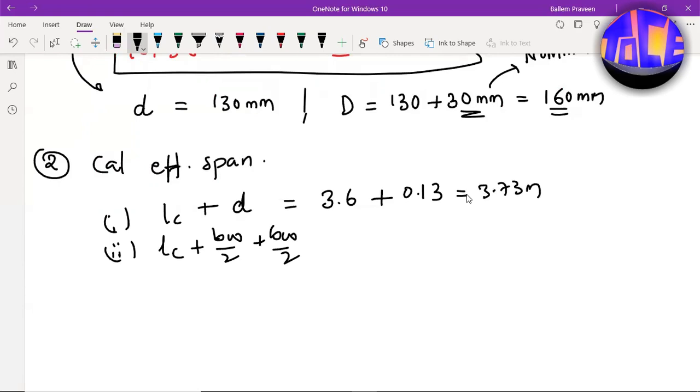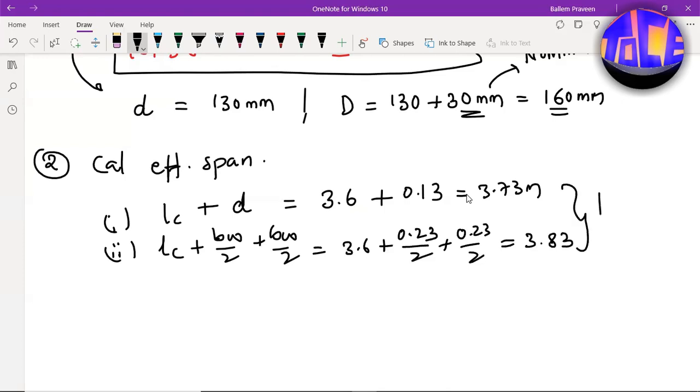3.73 meters. And here it is 3.6 plus the support width. 230 is your support width, so it will be 0.23 by 2 plus 0.23 by 2, so it will be 3.6 plus 0.23, which is 3.83. From this, the least value will be your effective span.